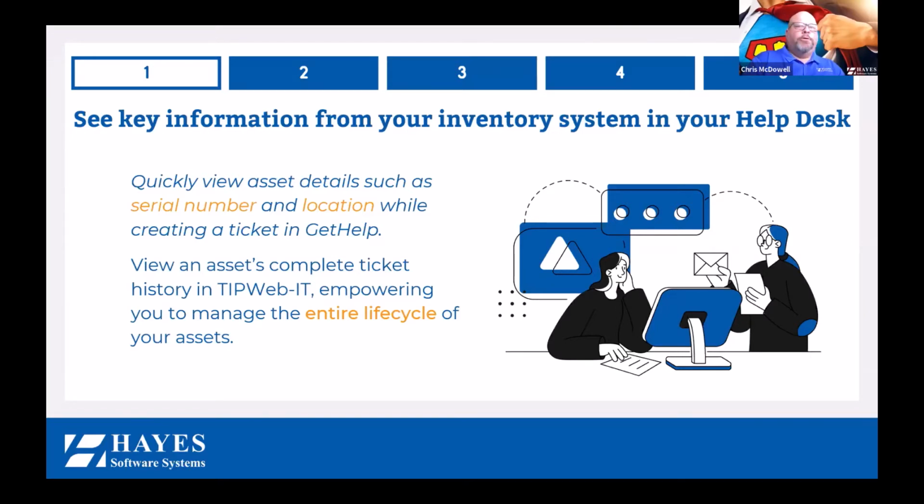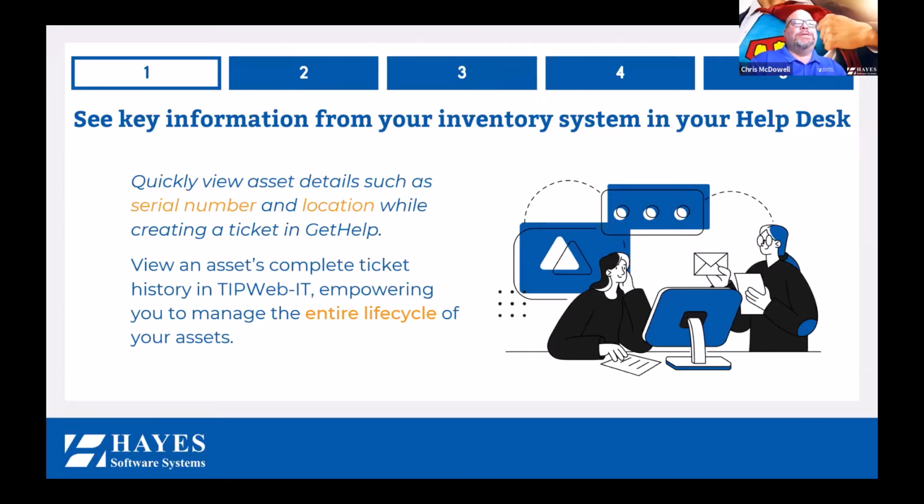Because of that integration with TIPWeb IT, you're able to see as well how many times a ticket has been submitted on a specific device, what status the device is in, and also very importantly, it's going to give you the history, how many times that's been sent in for support. Maybe we're talking about a serial breaker of devices.